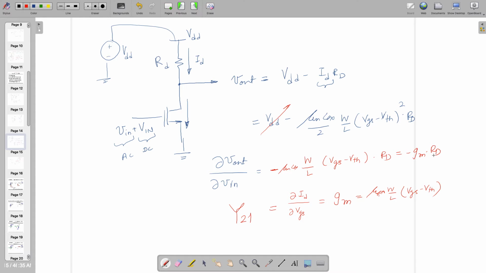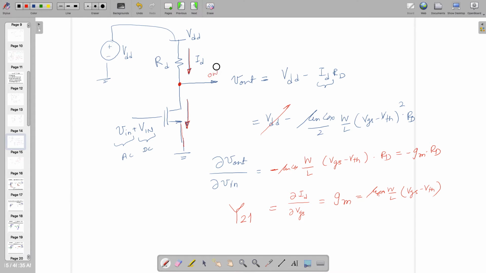But if you want to find it from the impedance property, what you are going to see is that the current flowing through this one and the current flowing through this one are the same. It depends on the ratio of these resistances, and that is going to give me the gain. So in that case, I am going to look at the output side.